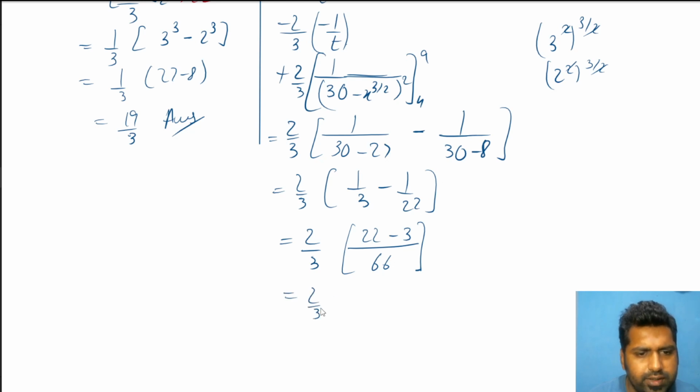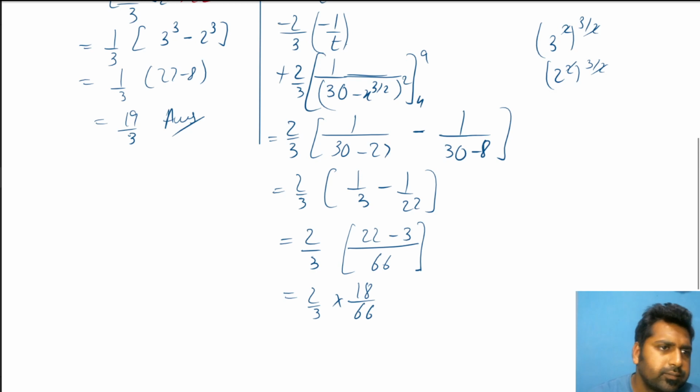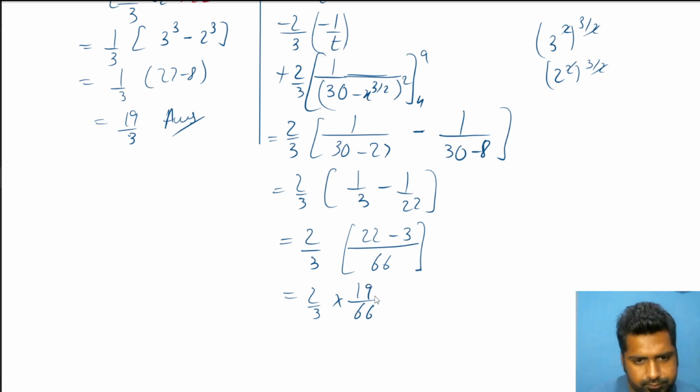So 2 by 3 into 18 by 66. Nice. Sorry, not 18, 19 now. And still you can cancel this. So 19 by 99.